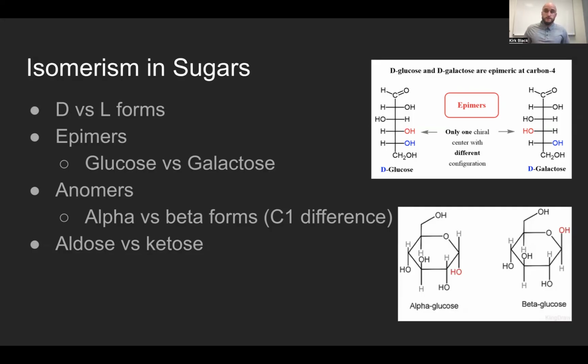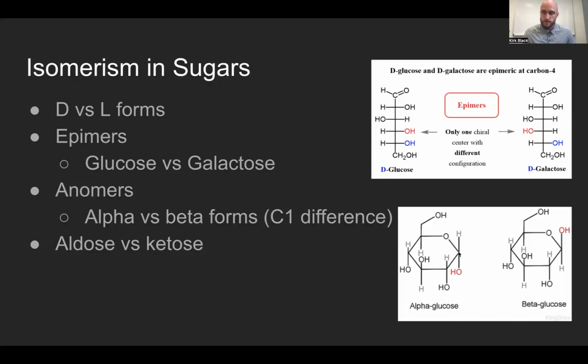Now, there's also something called an anomer. And this is when the anomeric carbon on a cyclic chain is different when they differ on the same molecule. For instance, I have a picture for you guys. These are both glucose molecules. It'd be very, very hard to pick out a difference, but there is a difference. The anomeric carbon, which is carbon one, has a difference.